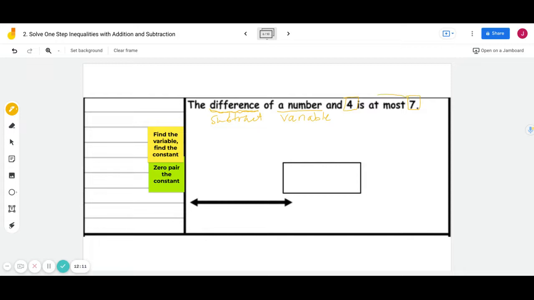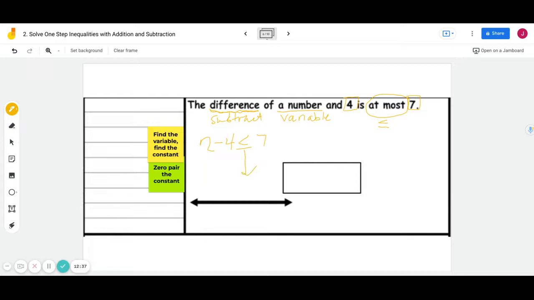And then our keywords are at most. And if you look back, unless you are starting to remember these, at most is less than or equal to. So the difference, I better go back to using n, of a number and 4, so n minus 4, at most is 7. N minus 4 is less than or equal to 7.